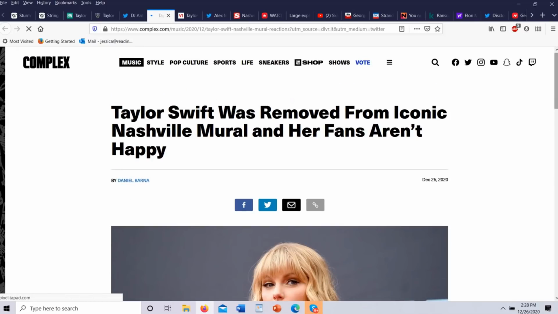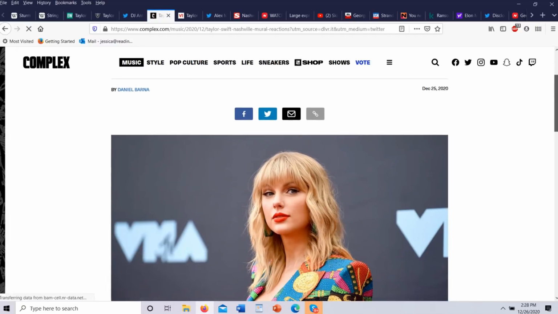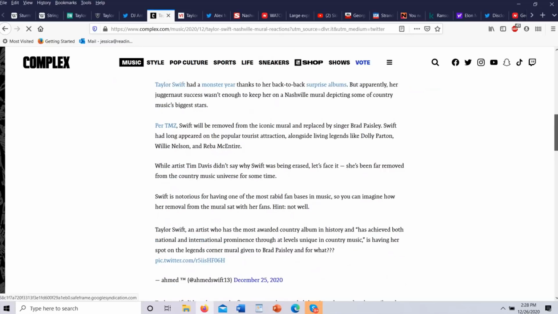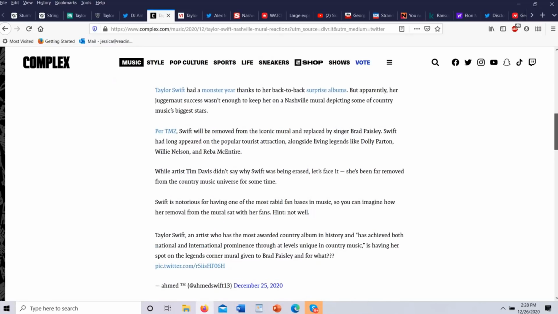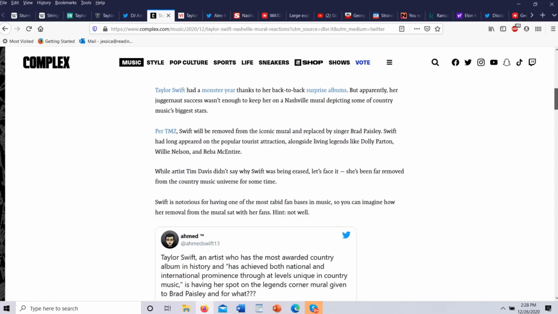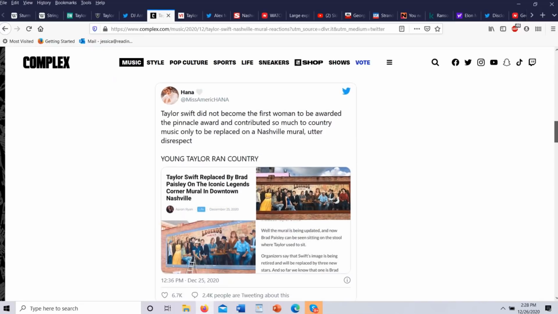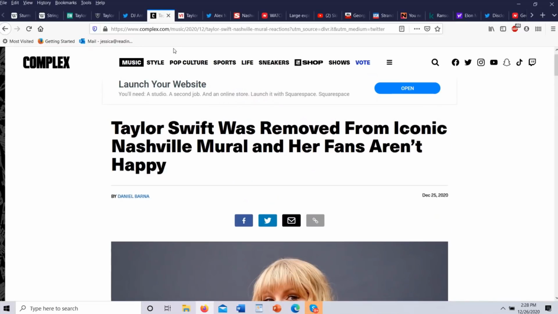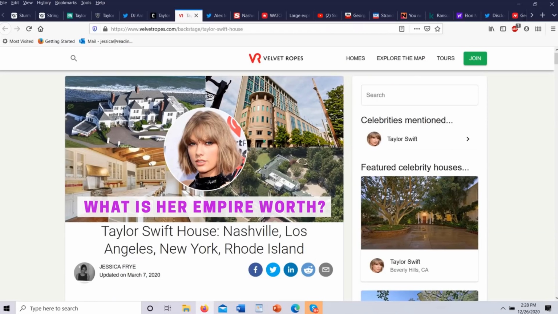And there it is, the article from Complex. So it's fresh. Brad Paisley. Swift had long appeared on it as someone that was used for tourism. You can review that article, and then there's this other one where I found out that she had a house in Nashville.